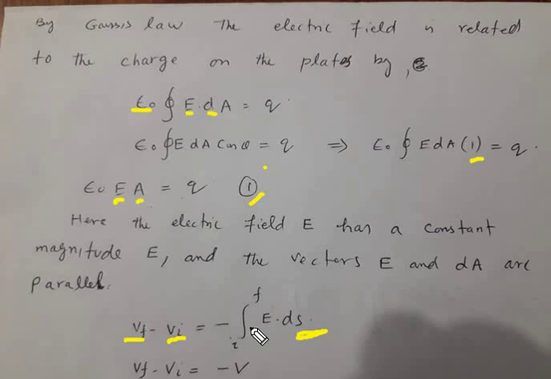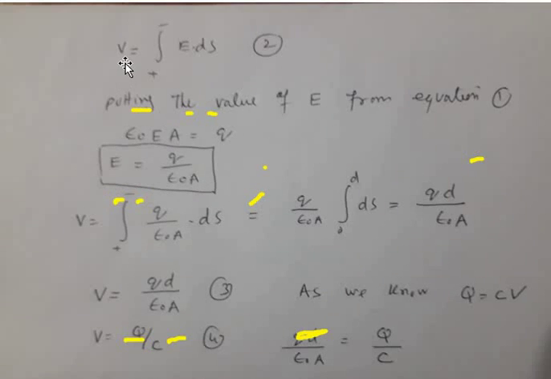Since we are looking for V, the absolute value of the potential difference between the plates, we can set Vf minus Vi equal to minus V. So we can write this equation as: V is equal to the integral from plus to minus of E dot ds. Here the positive and negative signs remind us that our path of integration starts on the positive plate and ends on the negative plate.